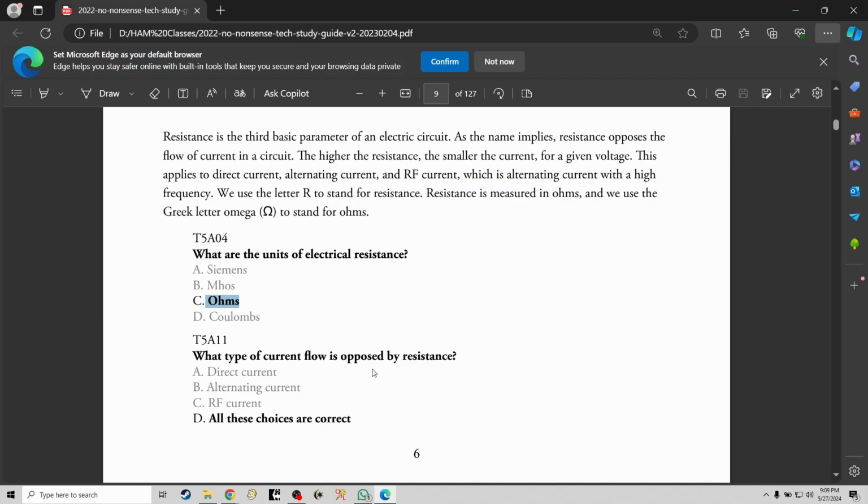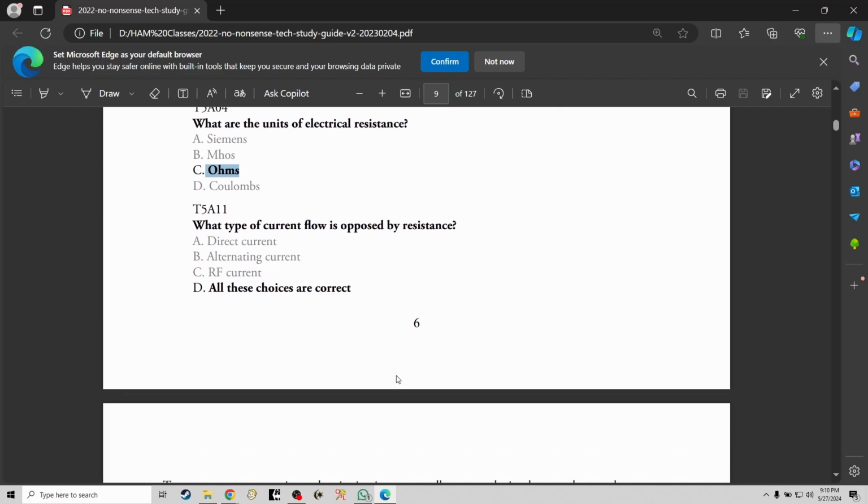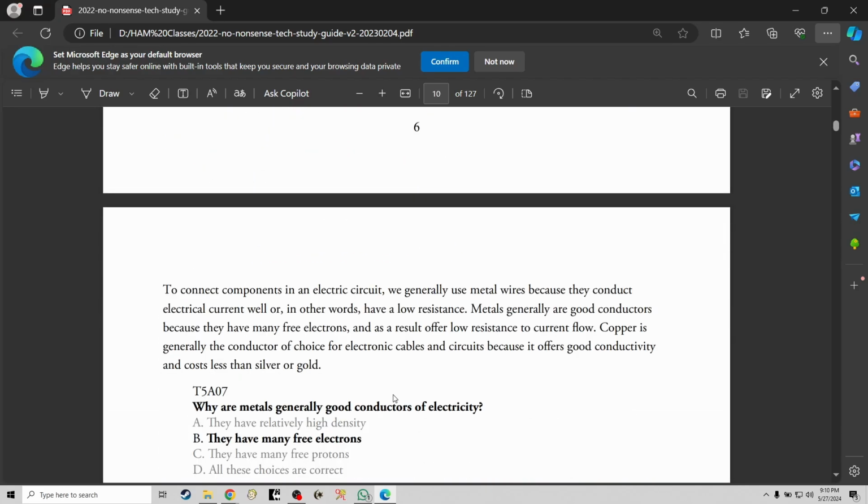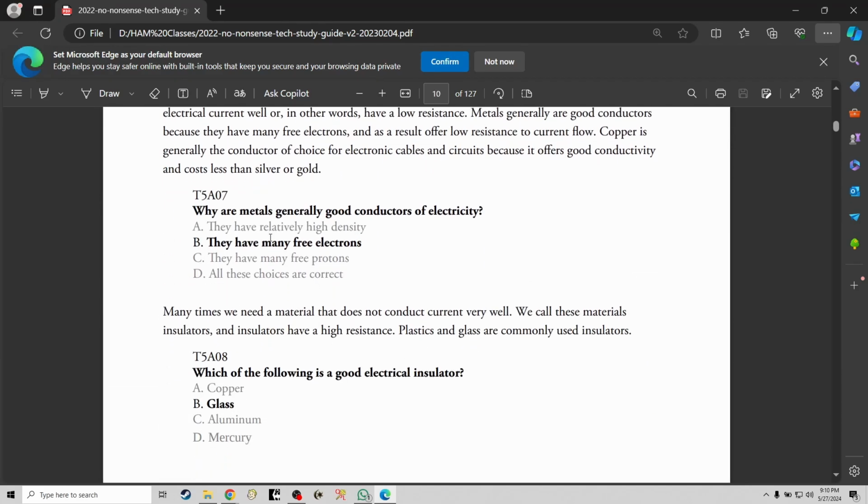Resistance just means something resisting against something, so everything is affected by resistance. What metals are generally good conductors of electricity? What metals can electricity pass through?